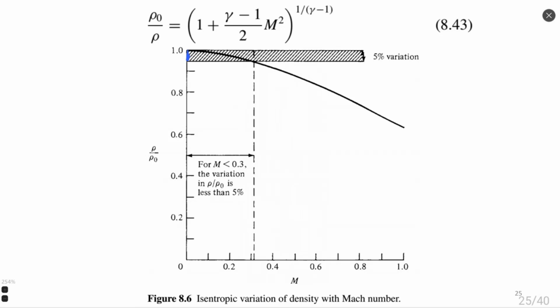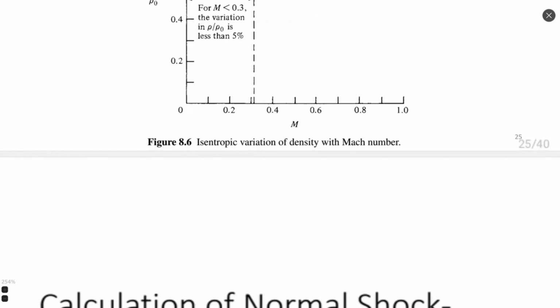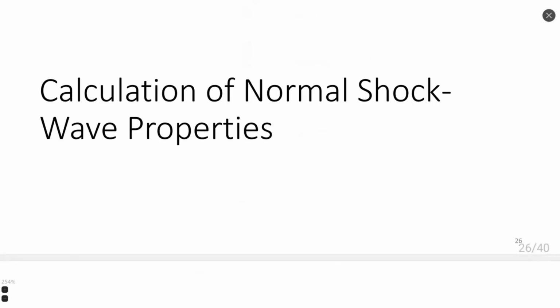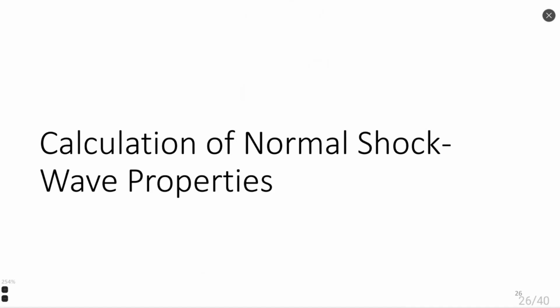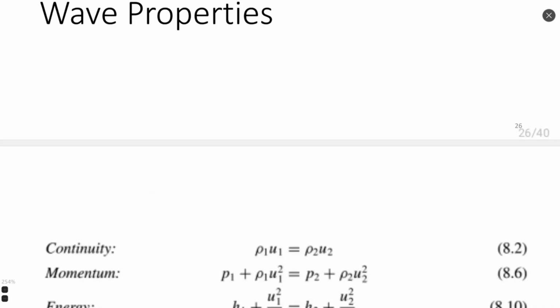So for high Mach number flow, we must consider compressibility and consider at least isentropic relations for compressible flow. I see no questions for now, so I think I can continue talking about normal shock wave properties.